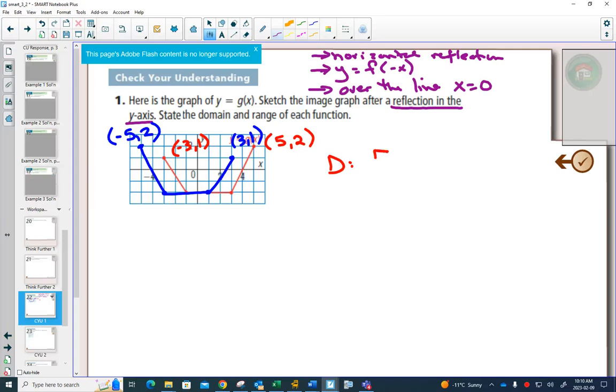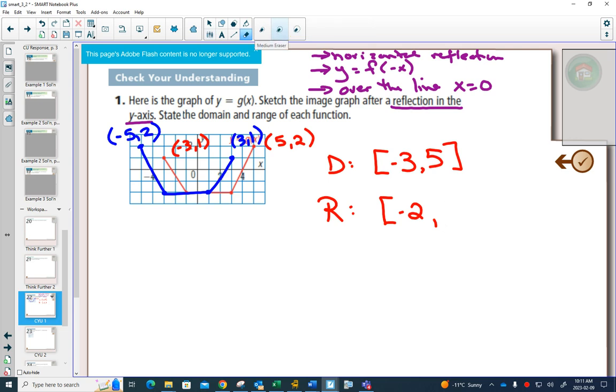Yes, minus 3. Minus 3 is included, so we use a square bracket. Is there a biggest x value? Yes, positive 5. That would be my domain. For my range, the smallest y value, negative 2, and a biggest y value, positive 2.